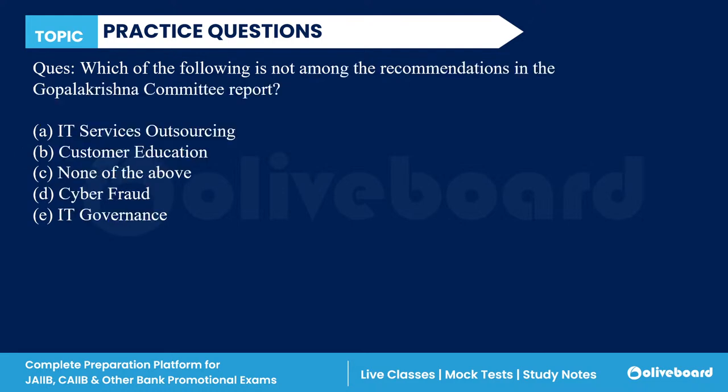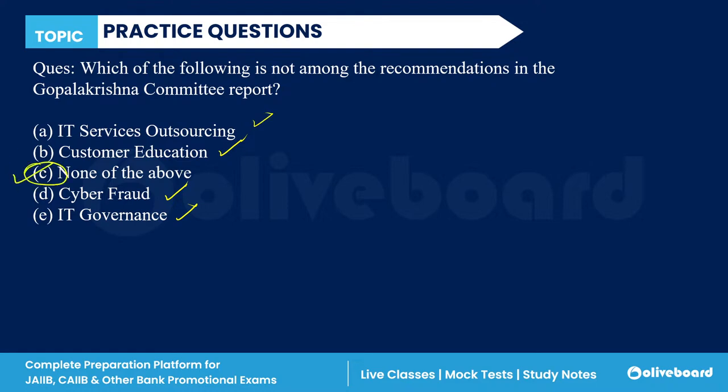Next, which of the following is not the recommendation of Gopal Krishna Committee report? This is an important question. IT service outsourcing, customer education, none of these above, cyber frauds or IT governance. Everyone, please answer this question. IT governance was there, cyber fraud was there, customer education was there, IT service outsourcing was there.